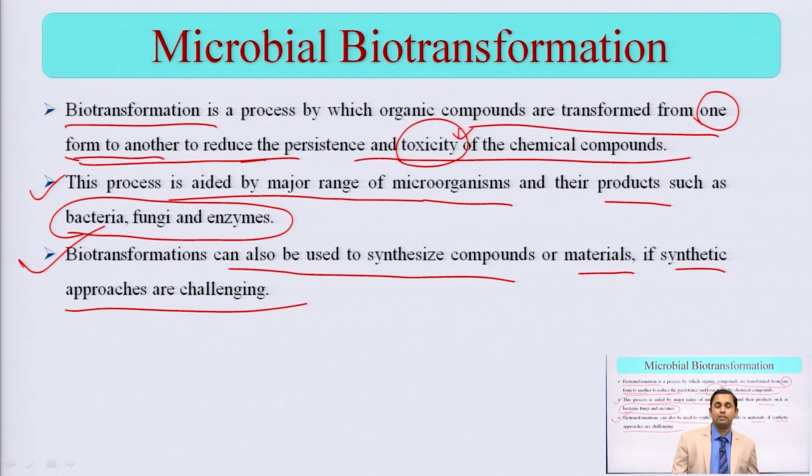They synthesized a new form of penicillin. But such good things will not happen in every case. In such cases, you have to take the help of microbes, so that microbes can transform one substance to another if the synthesis is not easy.